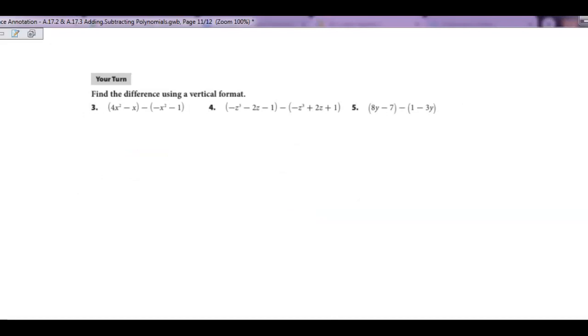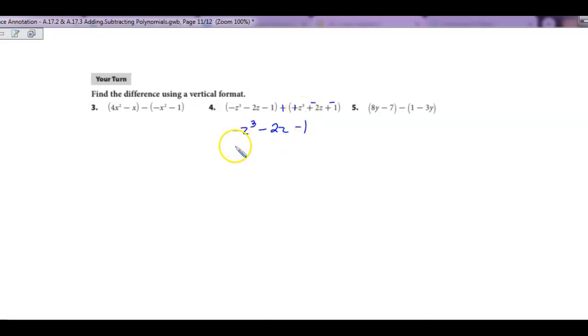Let's do a vertical one. Let's go ahead and do the second one, number 4. Because we're subtracting, we're going to change everything to the opposite. And then we're going to stack them. That's z to the third power minus 2z minus 1.